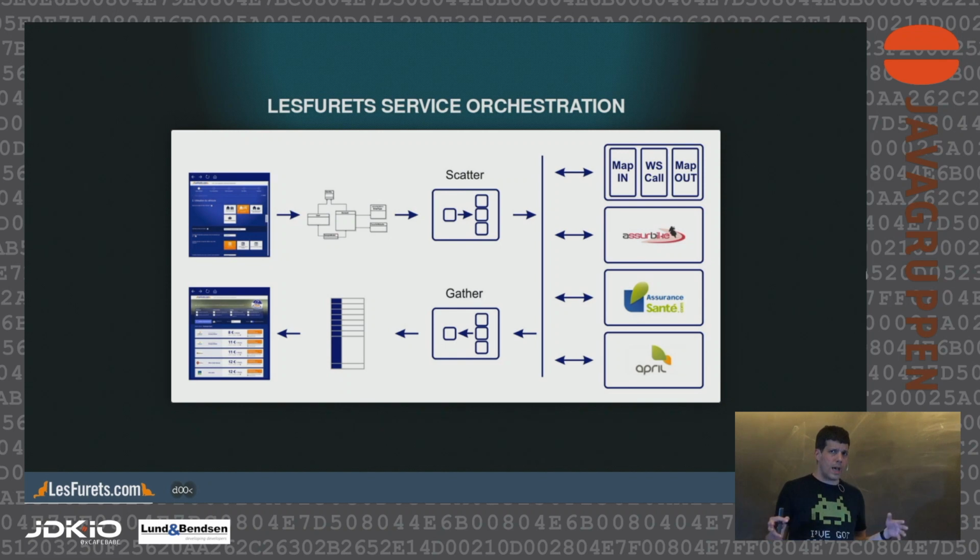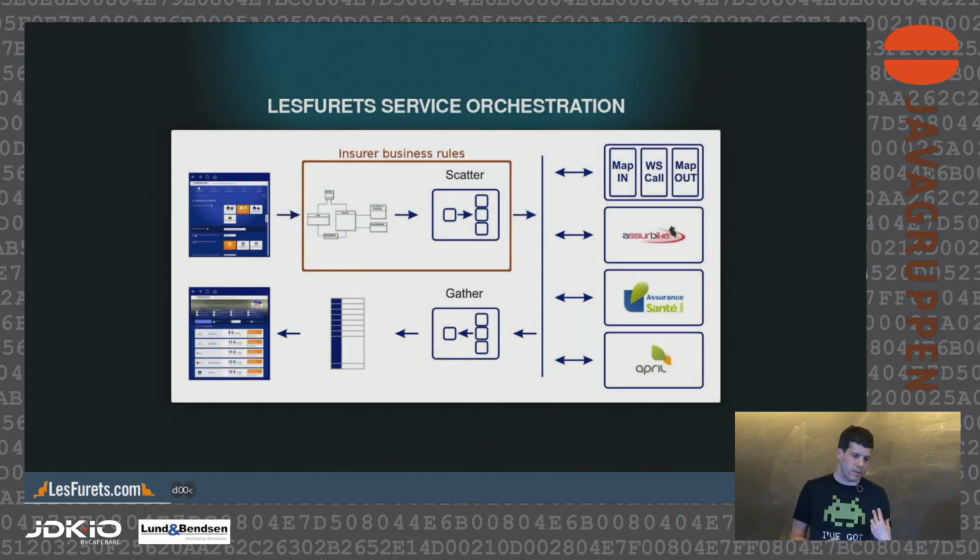So we act like a kind of hub. It's an application that makes live requests to the insurers, and so we have a specific pattern which is well documented by many other websites, named scatter-gather. You fill a first model that represents your business model with all the information filled in the form by the customer.